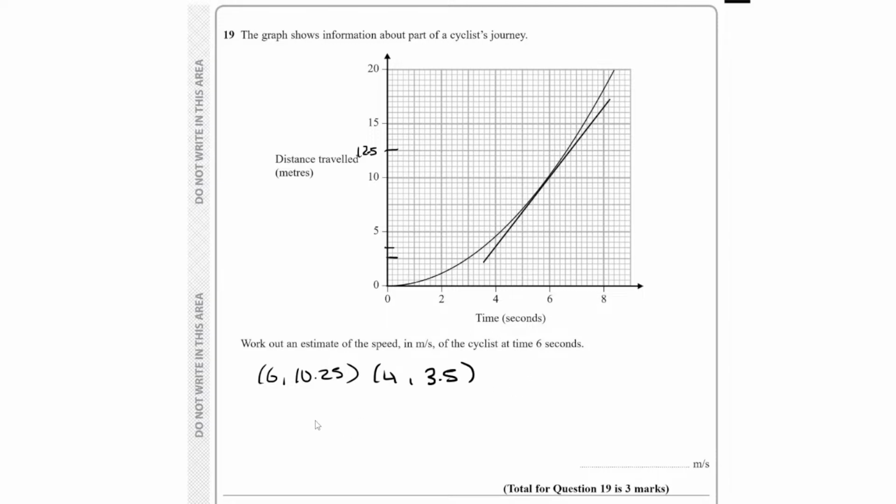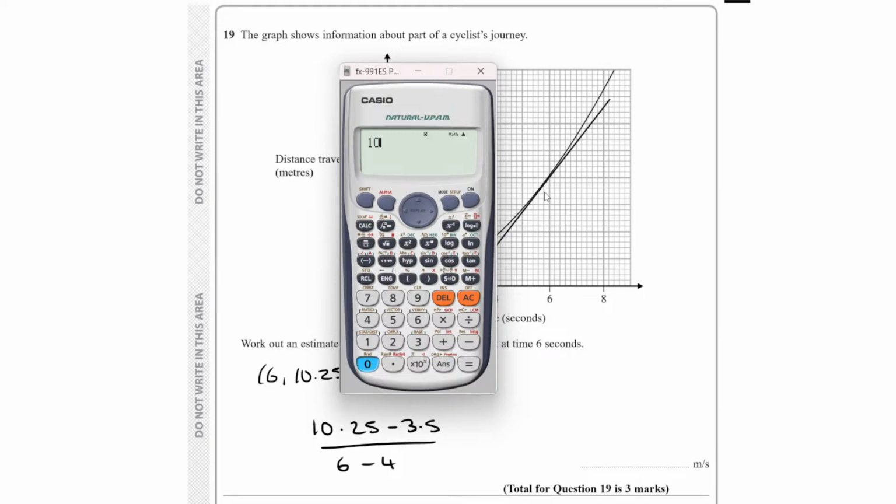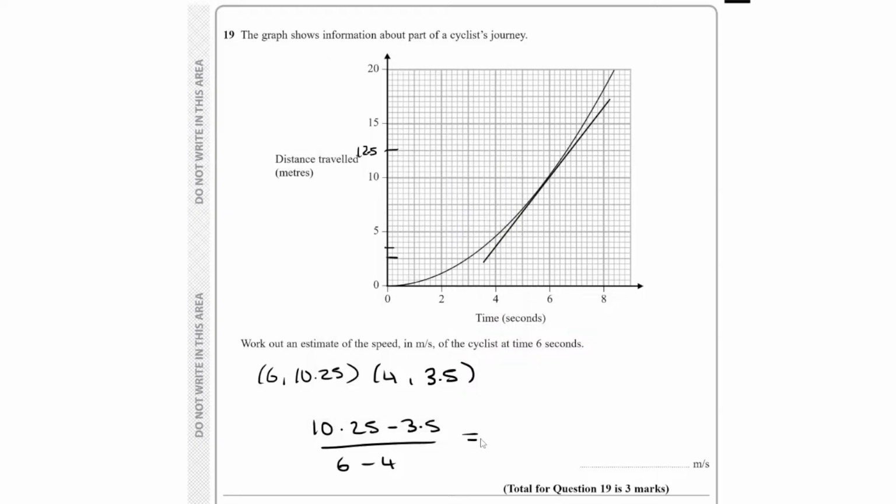So then obviously it's just the gradient, change in y over the change in x. Divided by the change in x is 2, isn't it? So 3.375. I just gave it as that.